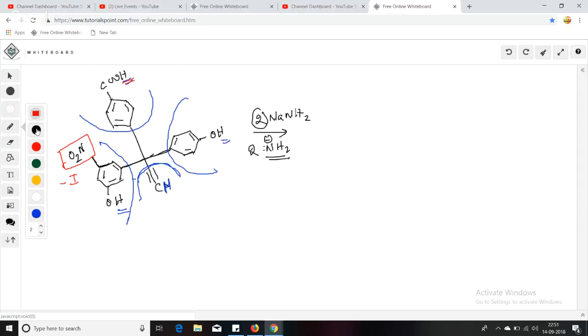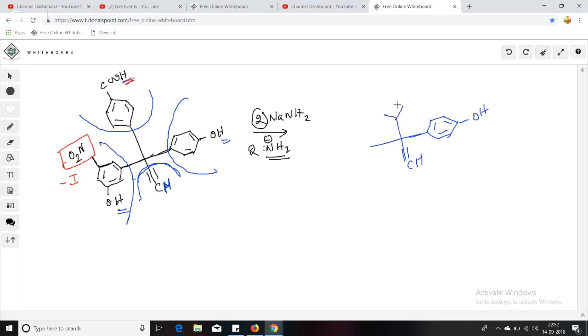The product that they have written will be like this. We have a benzene ring, OH as it is, and here we have COO minus, the carboxylate ion, because H plus is taken up by the NH2 minus here.